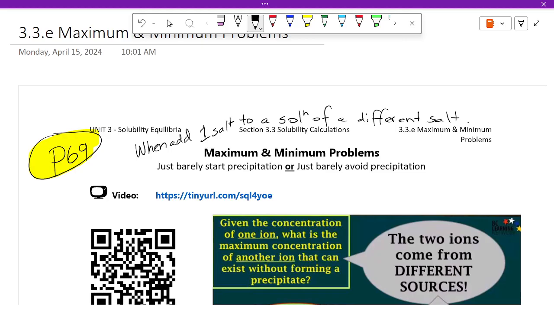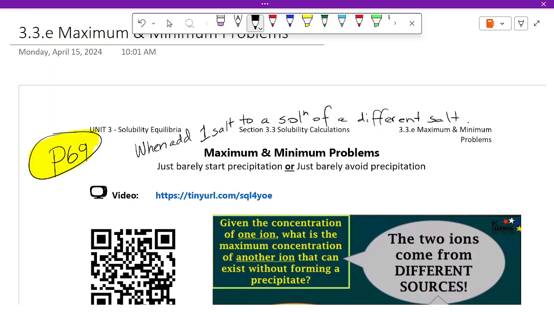Before we were looking at, does a precipitate form if I add this much? Here we're looking at what is the maximum I can add without a precipitate forming, okay? Or what is the minimum I have to add in order for a precipitate to form, okay?